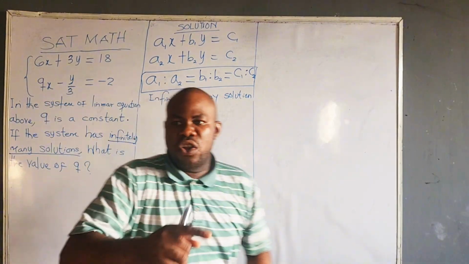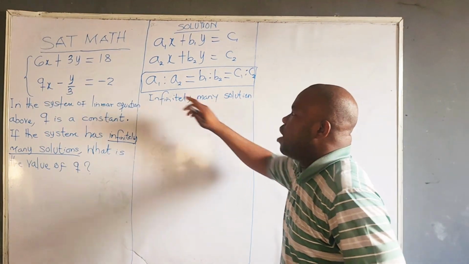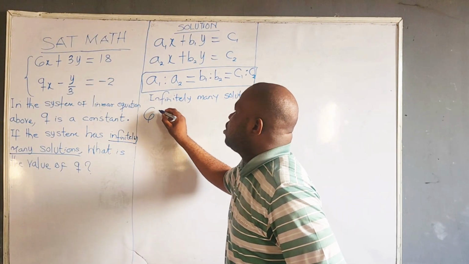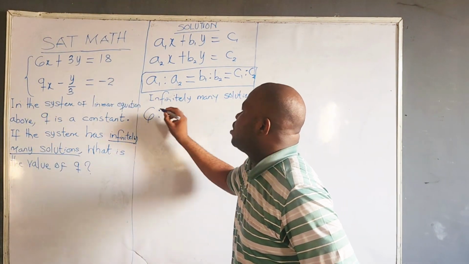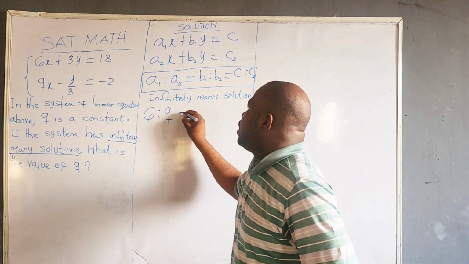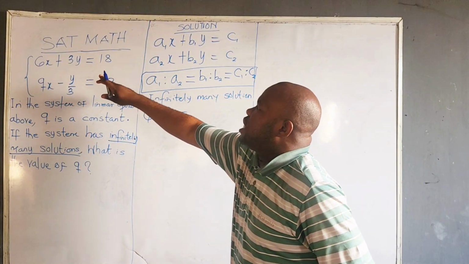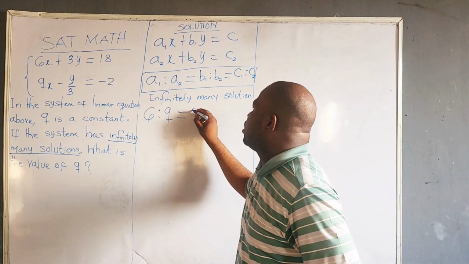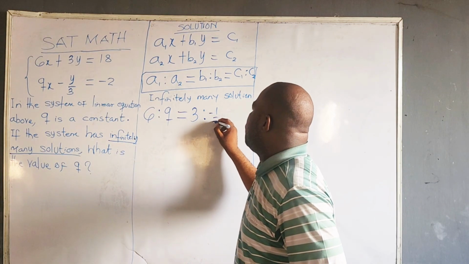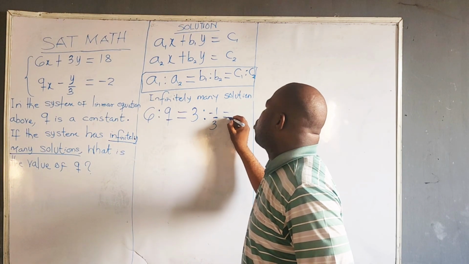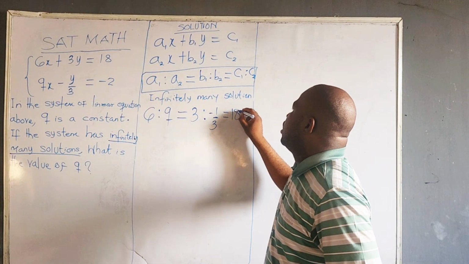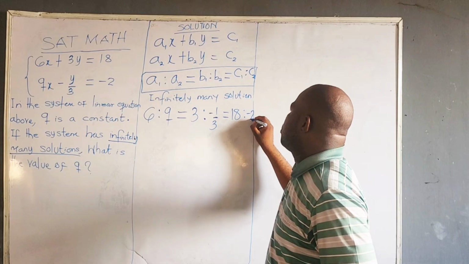So now, following what I have just explained, I write 6 ratio q, the ratio of the coefficient of x, must be equal to the ratio of the coefficient of y, which is 3 ratio minus 1 over 3, which must also be equal to the ratio of the constant, which is 18 ratio minus 2.